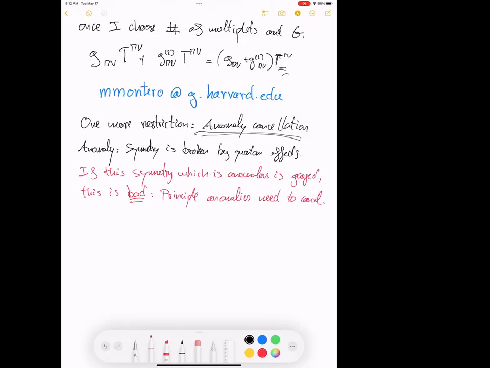So when one studies the question of anomalies in 10D N equals 1 theories, 10D N equals 1 SUSY theories have a lot of anomalies.